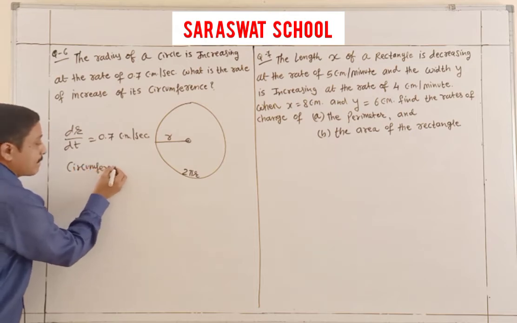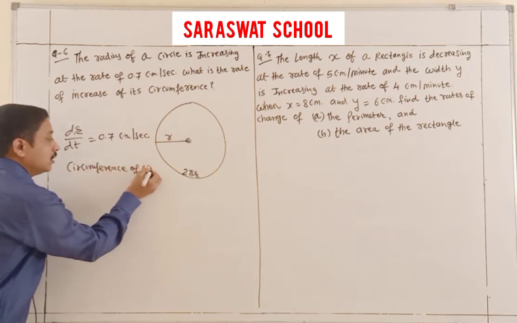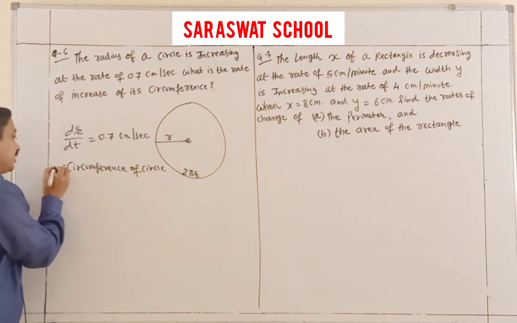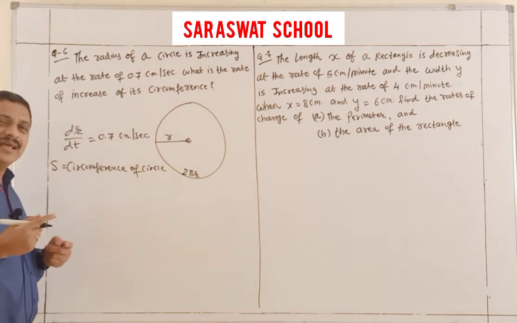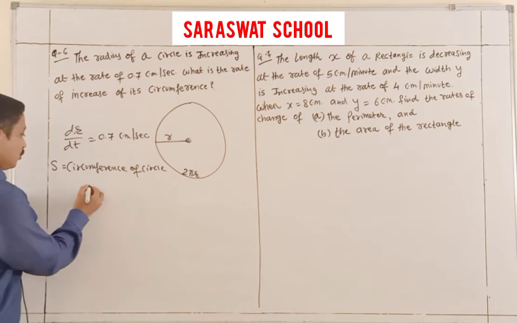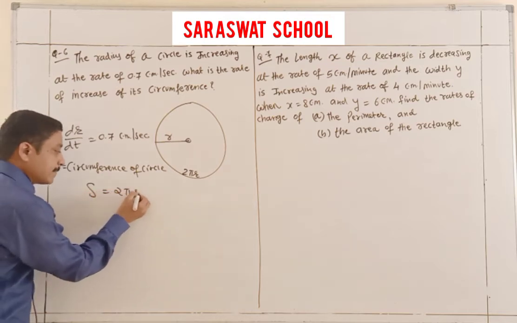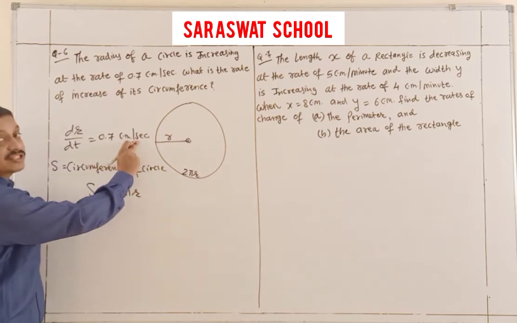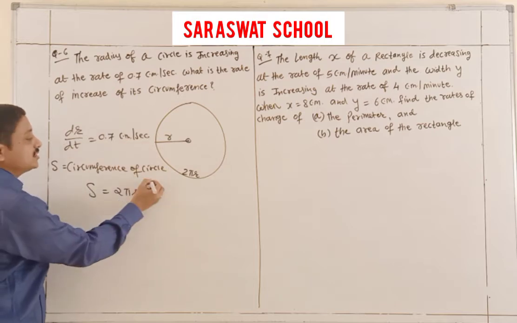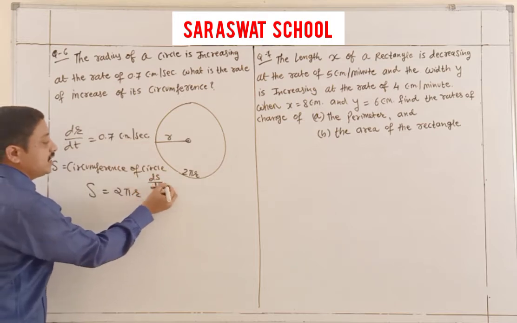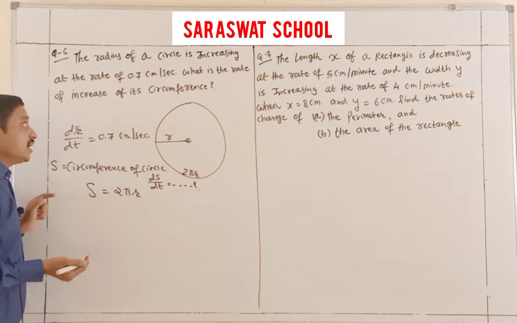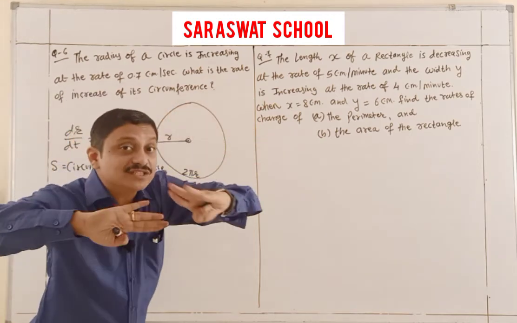So I just start very easy. The circumference of the circle is called S, either P or U. And so what is your S? 2 pi r. We take the derivative with respect to t, because that's why asking dS by dt is your target. Increasing of the circumference is the value asked.